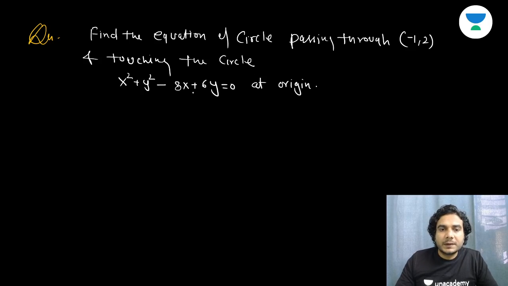So you can see origin is lying on the circle, right? You can clearly see that because there's no constant term, so that means origin is lying on this curve. So try this one for a minute and then I'll tell you the solution.